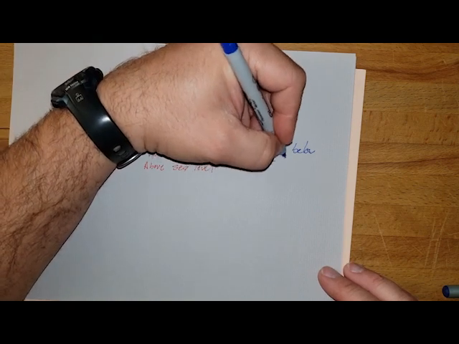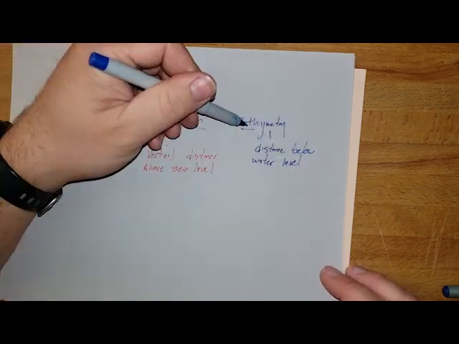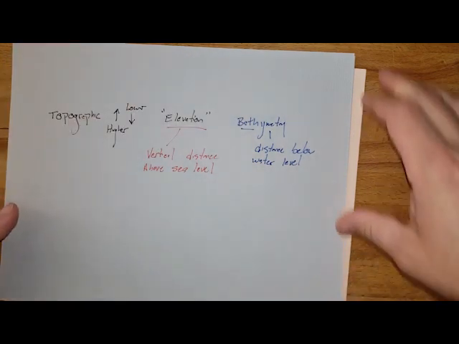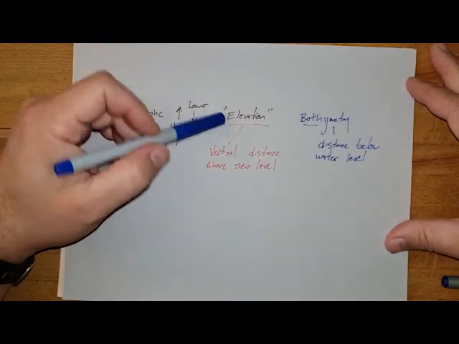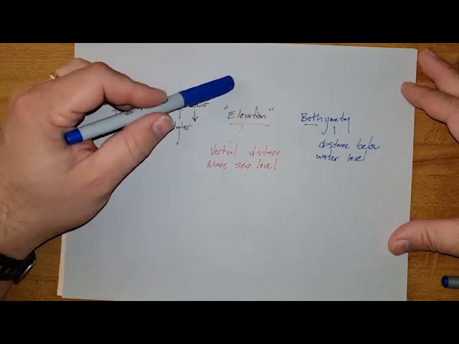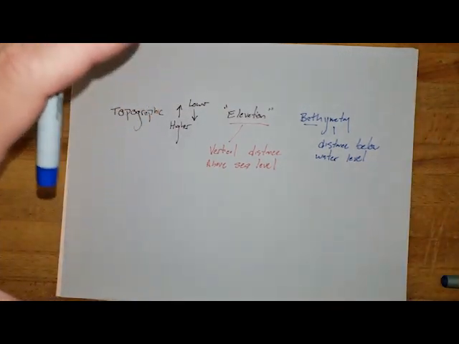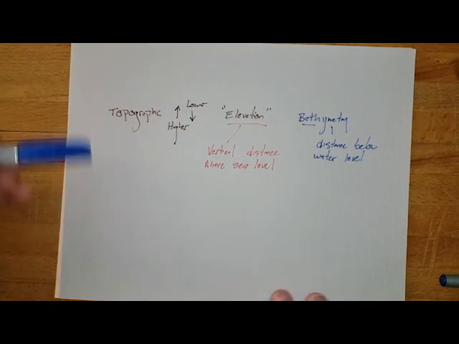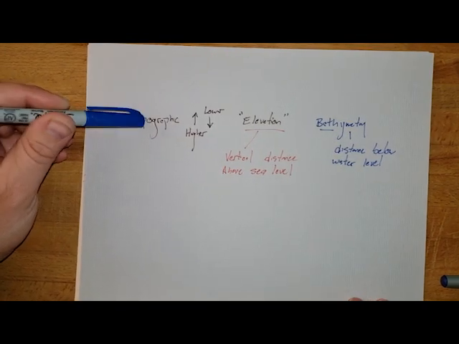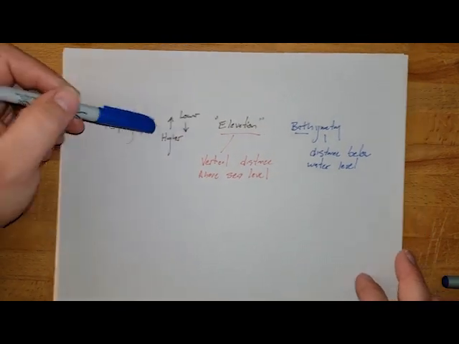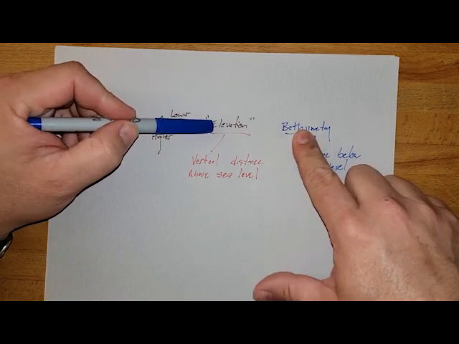I'm going to say below water level, because you can also look at the bathymetry that's going down into a lake. All right, so we know elevation is going to be the vertical height we are above sea level. The topography or the topographic change is going to be going higher or lower, either going up or going down.